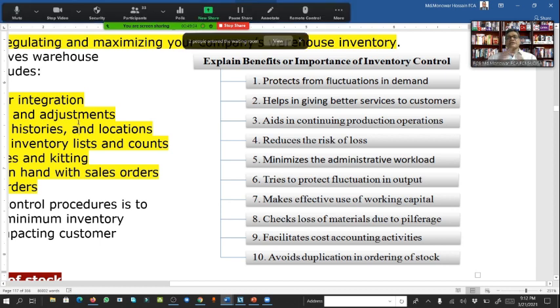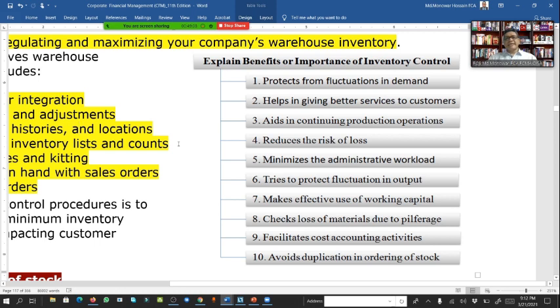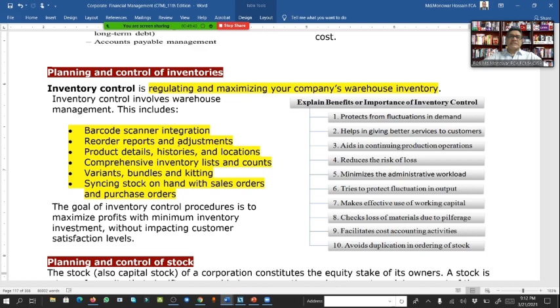It helps in giving better service to customers. It aids continuing production operation, reduces the risks of loss, minimizes the administrative workload, protects from fluctuation in output, makes effective use of working capital, checks loss of material due to pilferage, facilitates cost accounting activity, avoids duplicated orders of stock, and overall helps management in decision making.